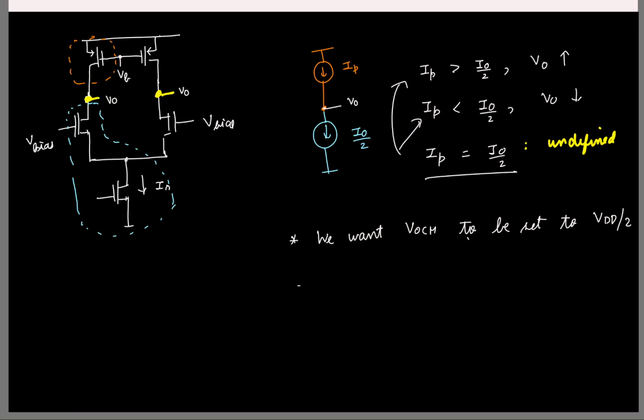And of course, this will have two ways. We can either fix my NMOS current and tune my PMOS current, or vice versa. Either of them will work. Fine. So let's see how we can do that. Let me quickly redraw the circuit here.